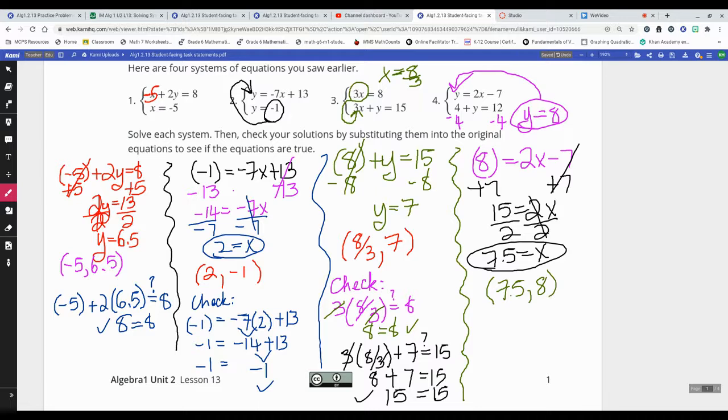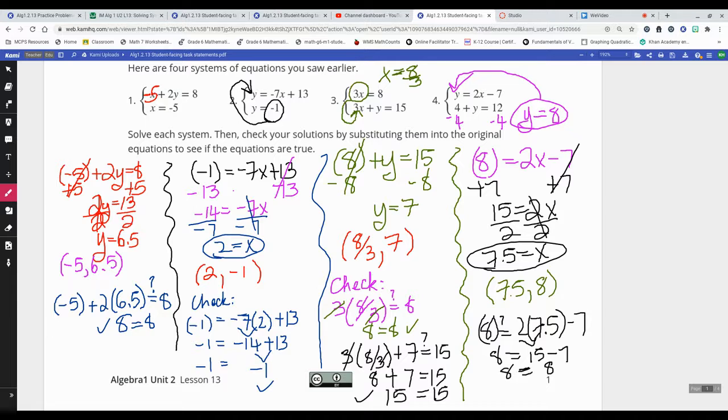Okay, let's check. So y is 8. So 8 should be equal to 2 times 7.5 minus 7. 2 times 7.5 is 15. 15 minus 7, we already know, is 8.